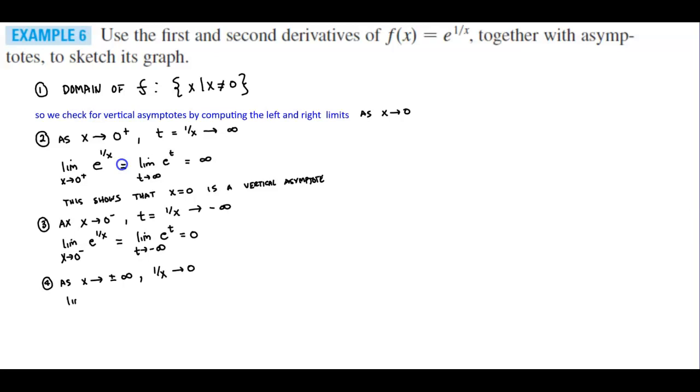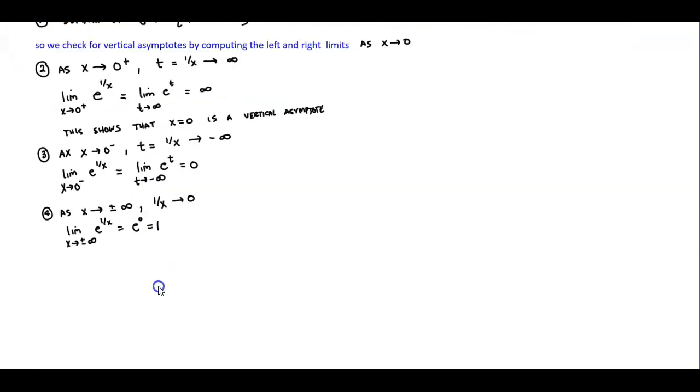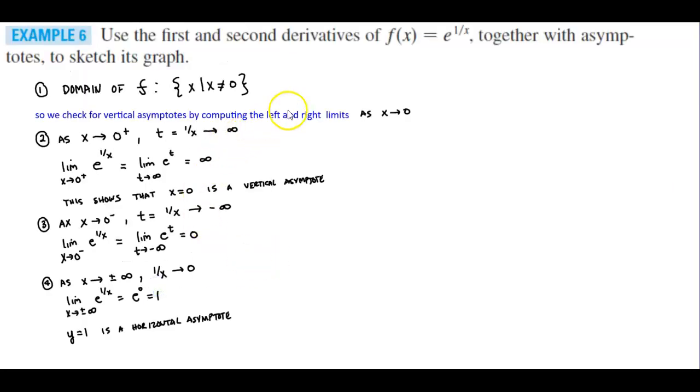So if we take the limit as x is approaching positive or negative infinity of the function e to the 1 over x, that becomes e to the 0, which is equal to 1. Therefore, this shows that y equals 1 is a horizontal asymptote. Now let's find the derivative of this function.